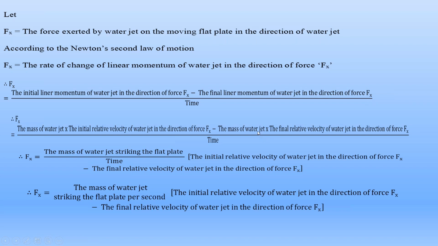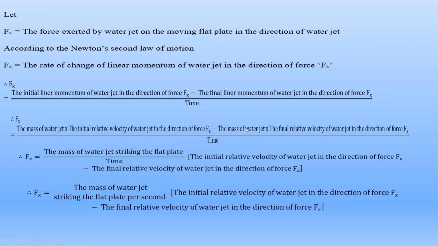This is equal to the mass of water jet into the final relative velocity of water jet in the direction of force Fx. Then in the numerator, take the mass of water jet common.